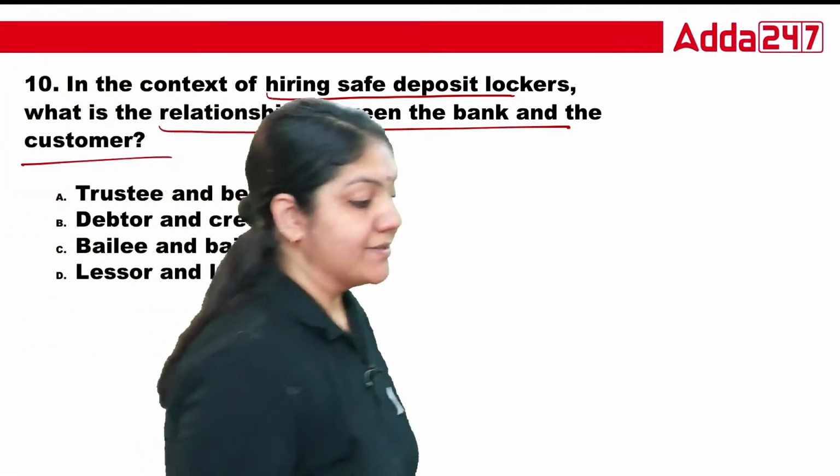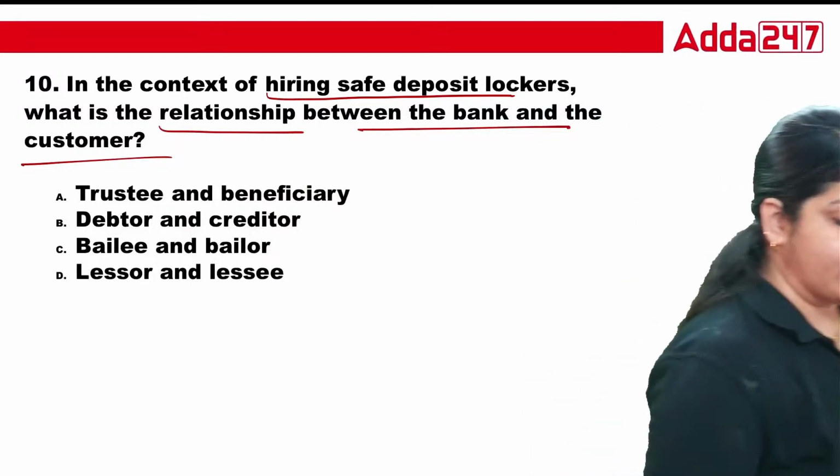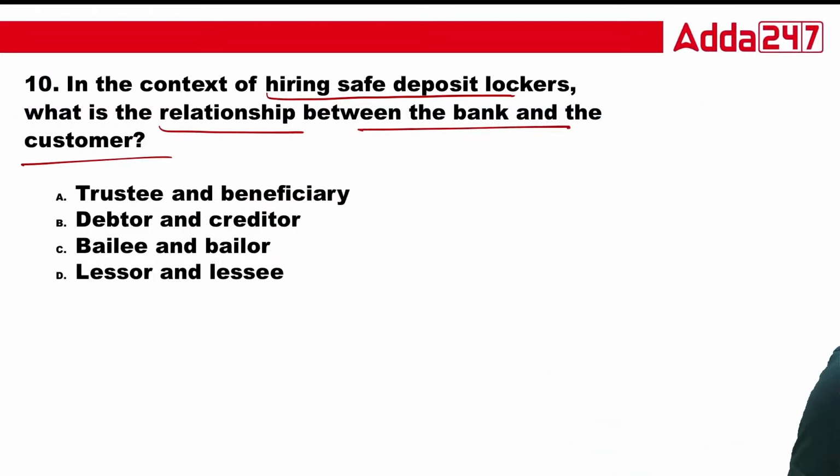So class, the right answer is, if a customer is depositing something in the locker, I'm giving the possession, not the ownership. So that's why the bank is lessor and the customer is lessee, because the bank is giving the possession. So this is the right answer.